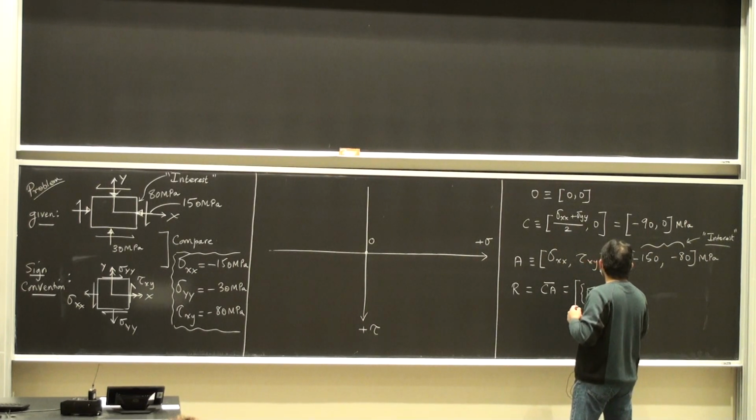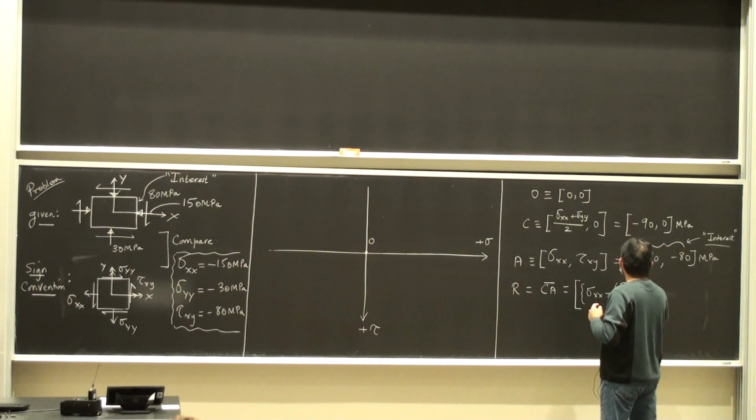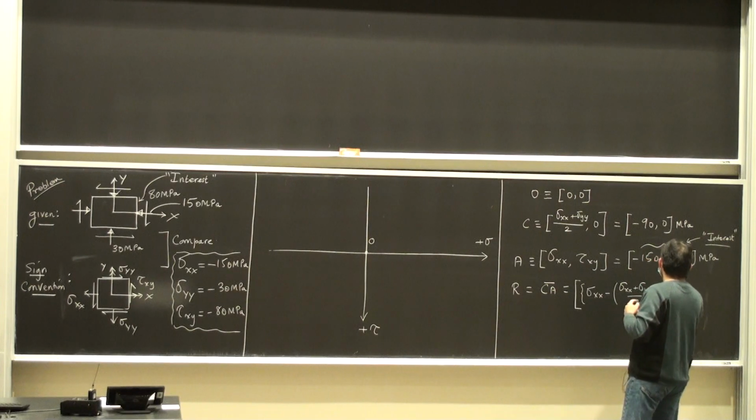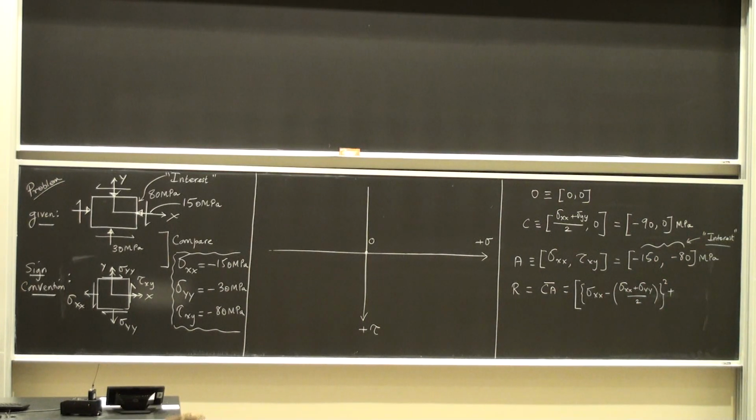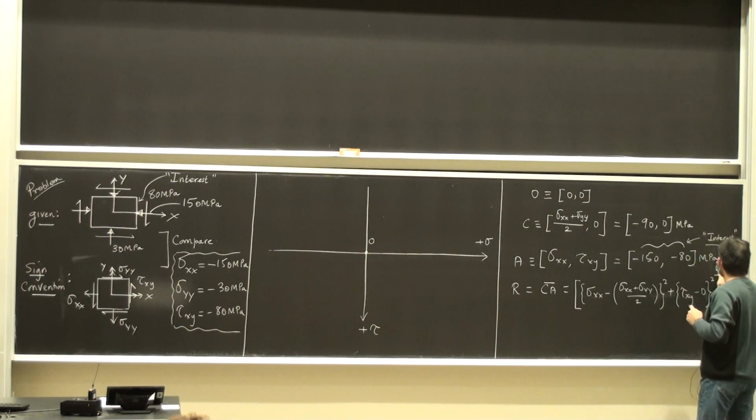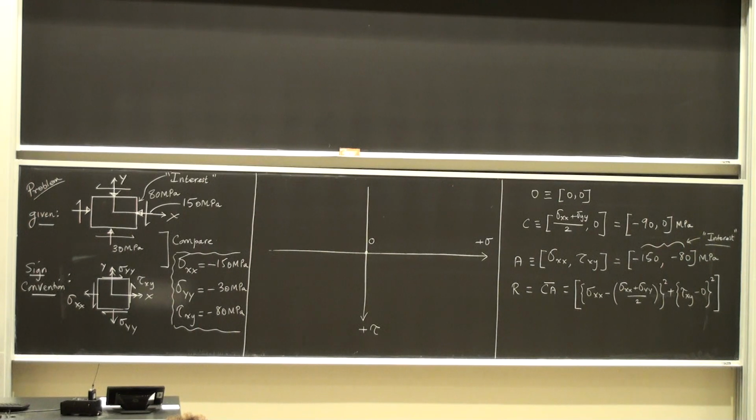Sigma xx minus sigma xx center, whole square. Then I have tau xy minus 0 whole square. All of this, please notice, all of this square root, right? So I typically write it as 1 by 2.